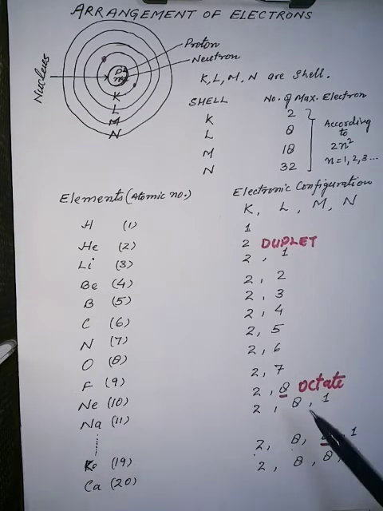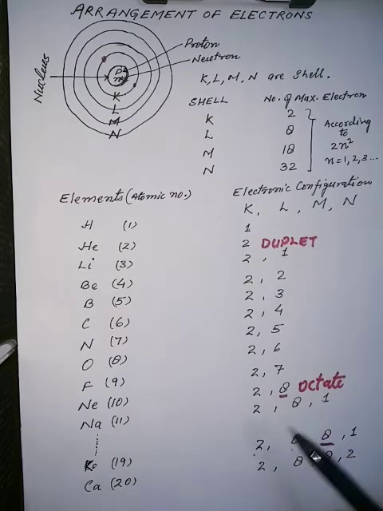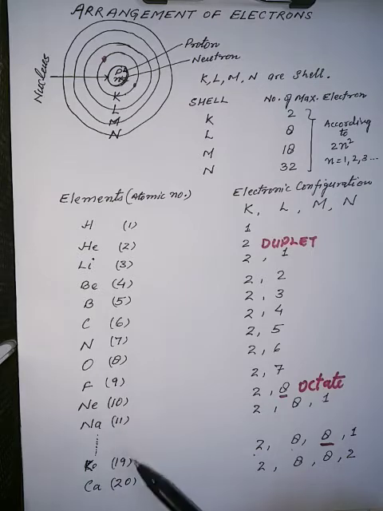In the case of sodium, we cannot put more than 8 electrons. So in atomic number 11, there will be 8 electrons in the second shell and the remaining electron will be in the third shell. In the case of potassium 19, there will be 2,8,8,1.